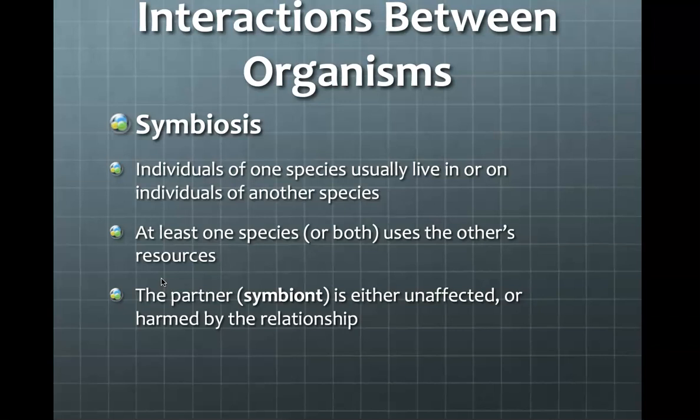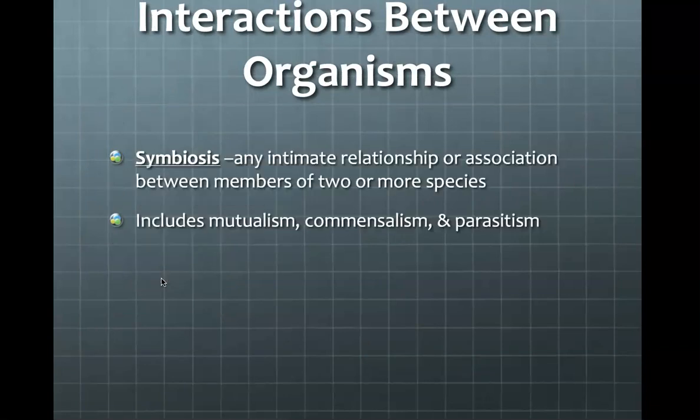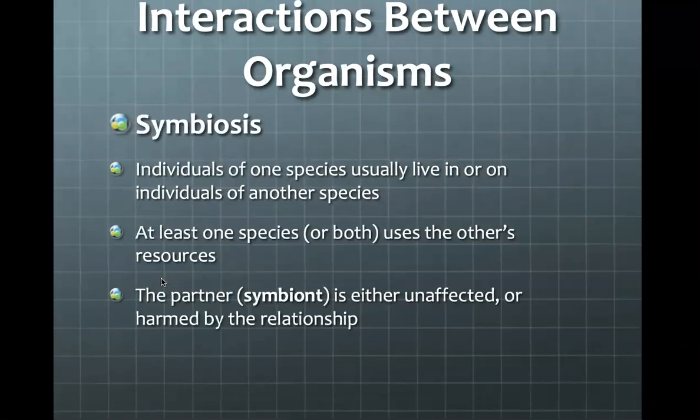The partner, the symbiont, is either unaffected or harmed by the relationship. I question that bullet point. I might change that in a minute. Because I'm forgetting then. We'll see. Because there is a mutually beneficial one.